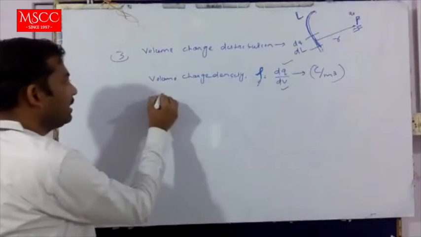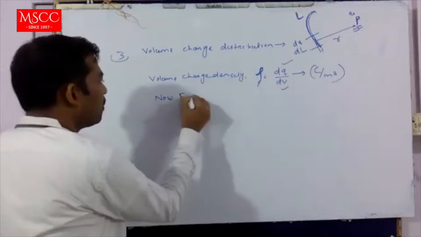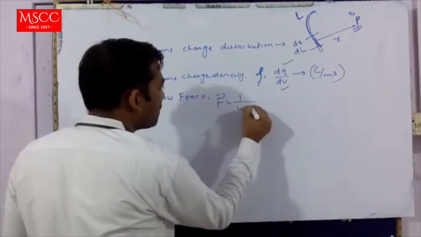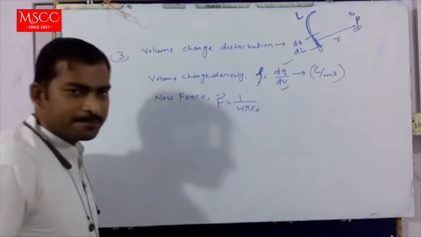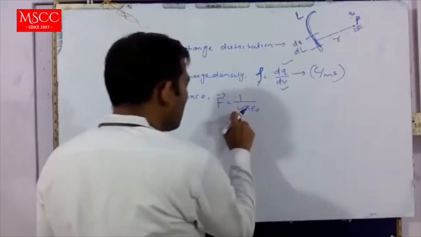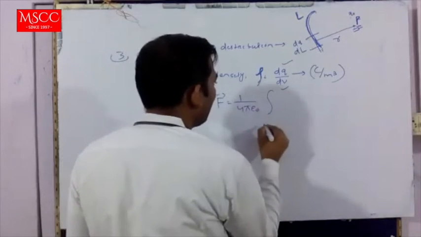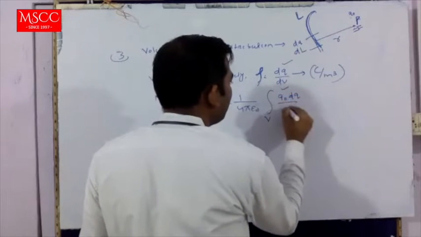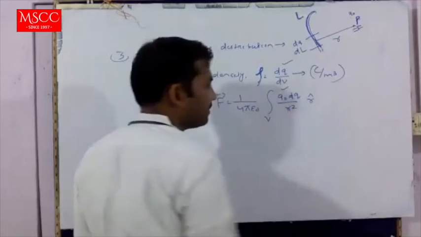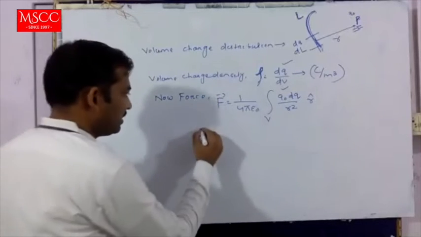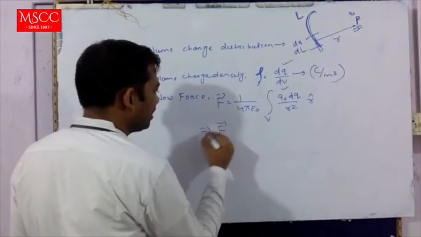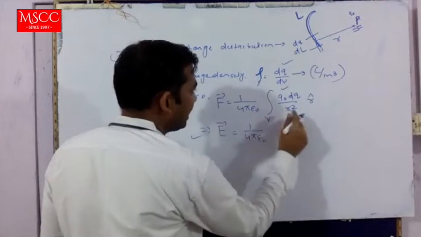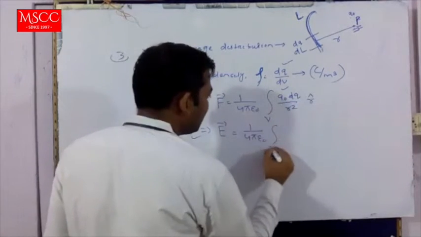Now force will be 1 by 4 pi epsilon naught integral q naught dq by r square r cap, and in terms of electric field, 1 by q naught cancels.